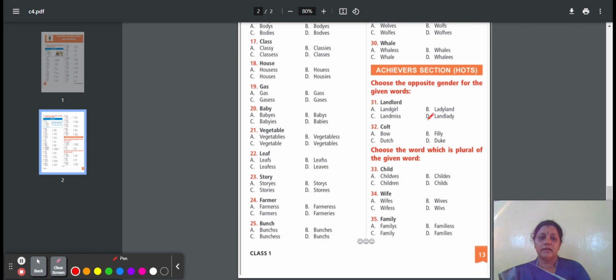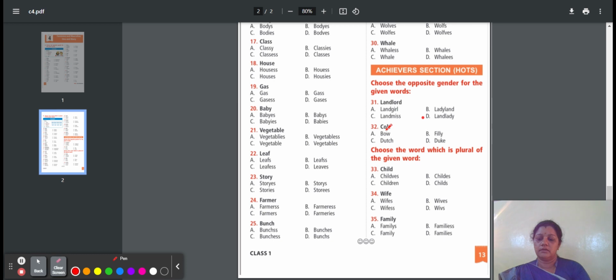Lady land, an imaginary place where only women live. The option landlady, a woman who rents a house to people. So the option is D. Here, the opposite gender for landlord is landlady.